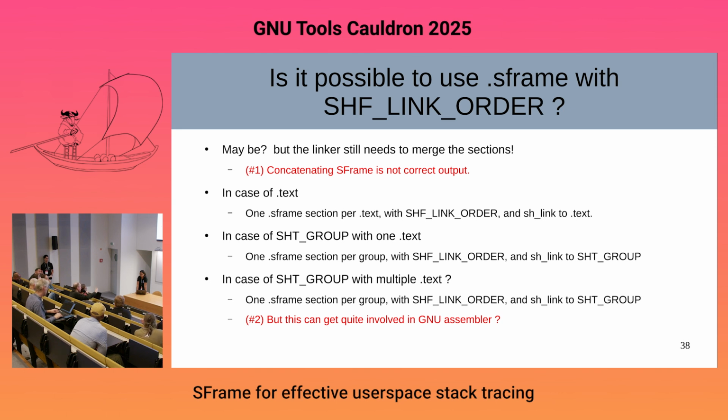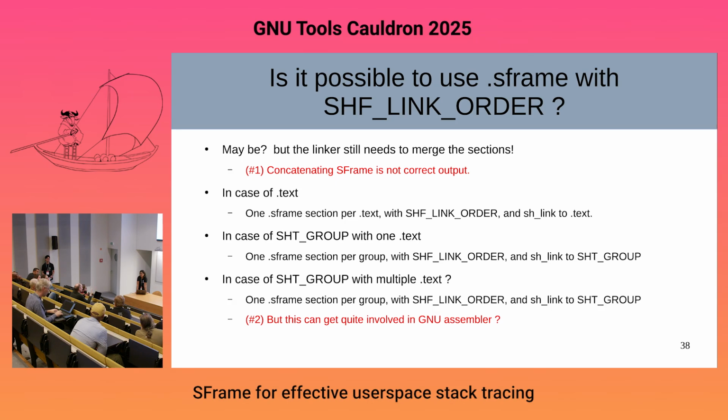They will only refer to members of that group, of which they themselves are members. And that will all work, but of course, the concatenating is the problem. When you just concatenate blindly multiple SFrame sections, the end result will not be a properly formatted SFrame section.